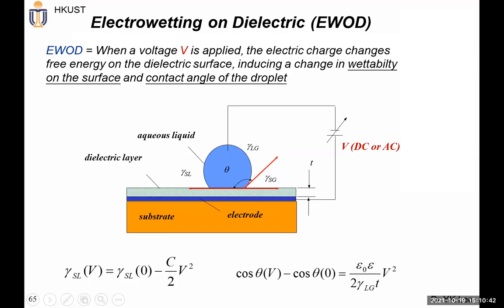So we are able to engineer this surface force, the hydrophobicity. That's quite important. If you want some dielectric layer like silicon dioxide or maybe Teflon or some other material with different dielectric constant, we are able to engineer the contact angle and hydrophobicity.